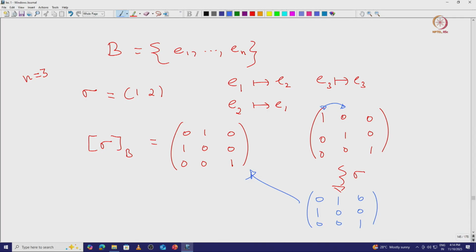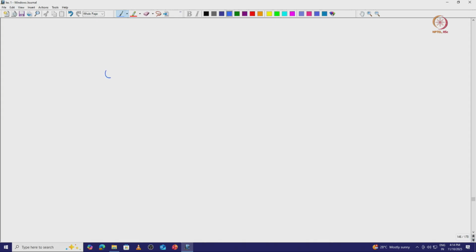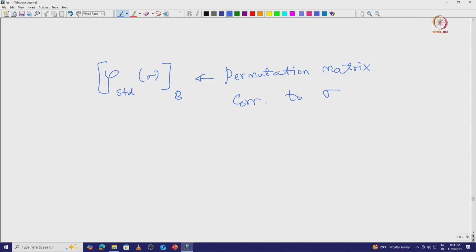So, basically if we look at this phi standard sigma and the matrices of that with respect to the standard basis, this is going to be the permutation matrix corresponding to sigma. What you do is start with the identity matrix and permute the columns according to sigma.